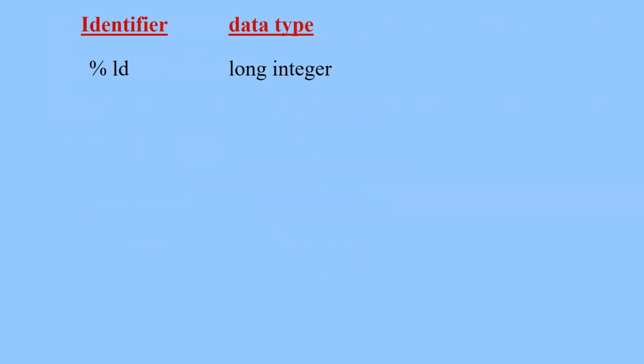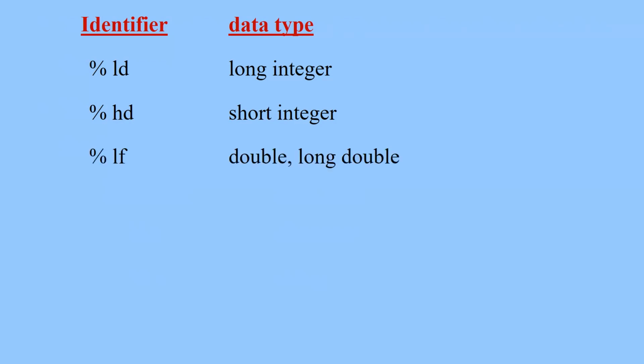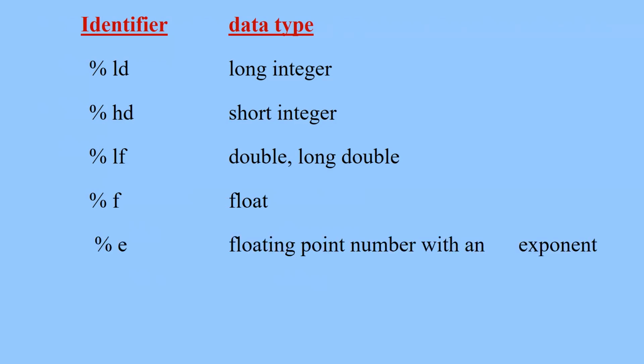Then %ld is long integer. %hd is short integer. %lf is double or long double. %f is float. %e is floating point number with an exponent.